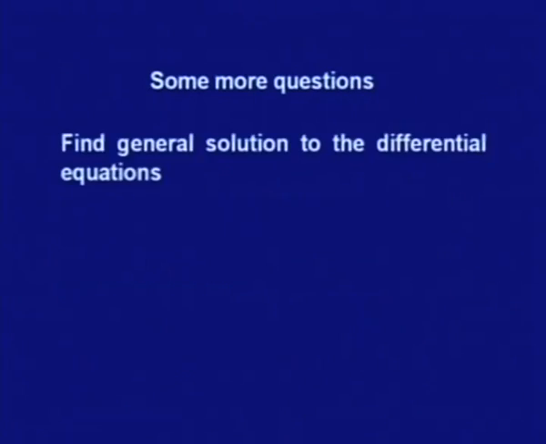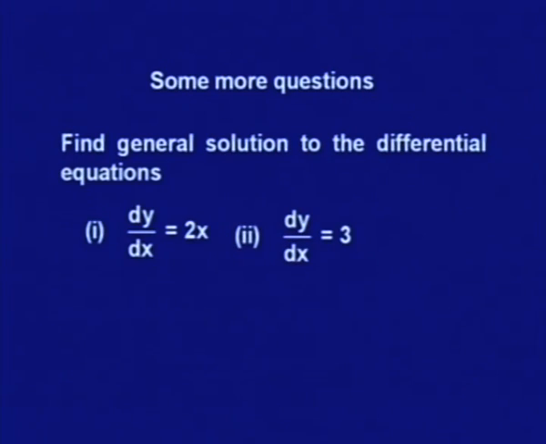So, here are some more questions for you to think about. Find the general solution to the differential equation dy over dx is equal to 2x. Think about what should be the solution of this differential equation. The second question is dy over dx is equal to 3. What will be the solution of this differential equation?